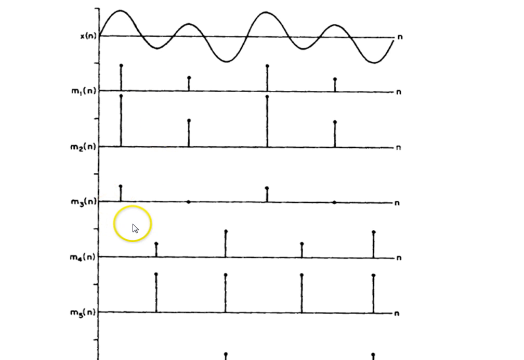Now let us say M3 was correct and I went with M1 or M2, then I have doubled the pitch. My pitch estimate is now double. So that's called a doubling error. If on the other hand the correct value was M1 or M2, and my final estimate was M3, then I have halved. So that's a halving error.